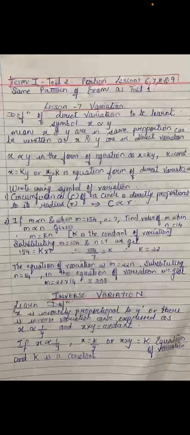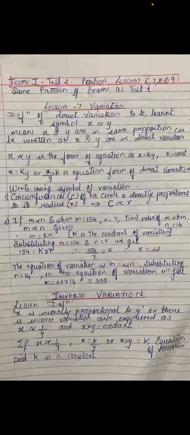So here again learn the definition. X is inversely proportional to y, or there is the inverse variation can be expressed as x varies inversely as 1 upon y and x into y is equal to constant. That is, the product of x and y is a constant k.